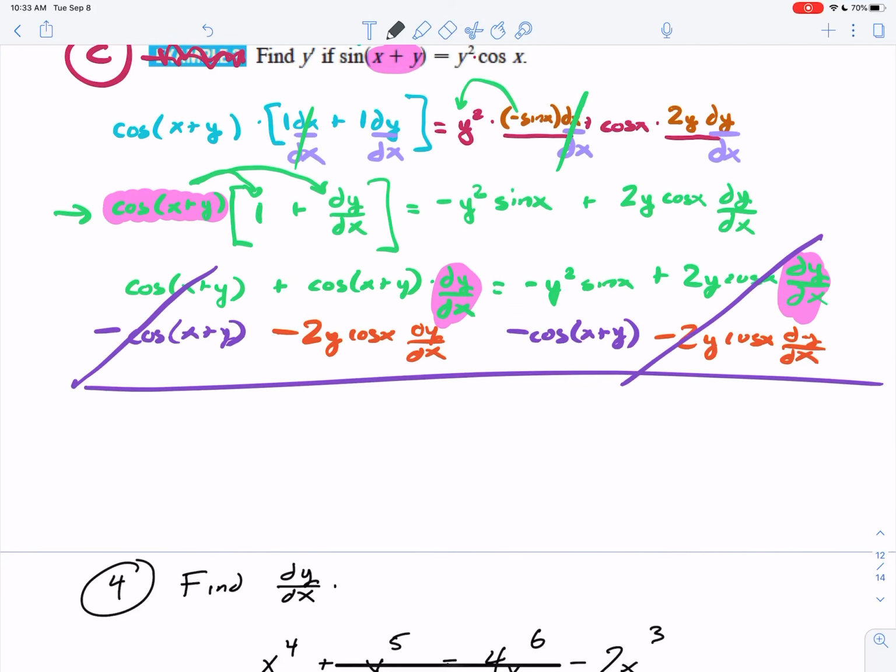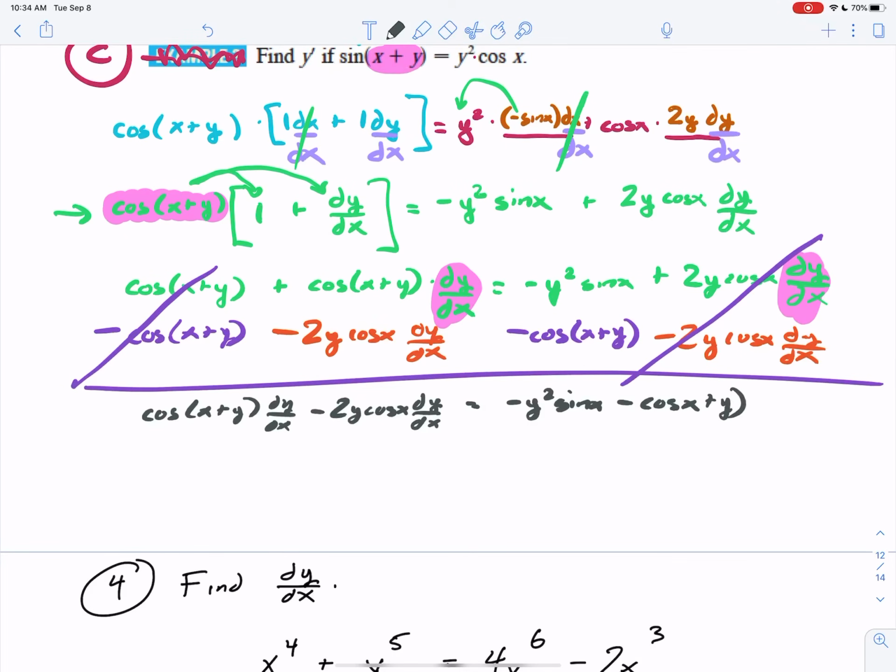So here we go. We have cosine of x plus y, dy dx minus 2y cosine x dy dx equals negative y squared sine x minus cosine of x plus y. Okay. I'm going to factor out a dy dx.